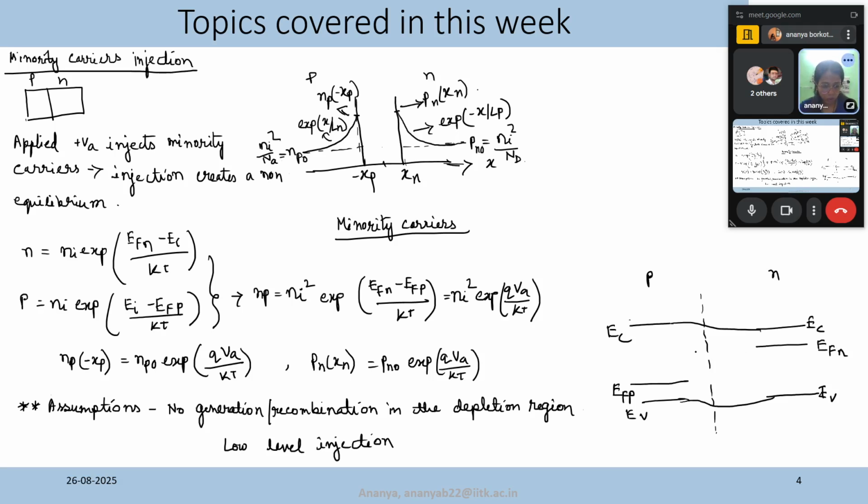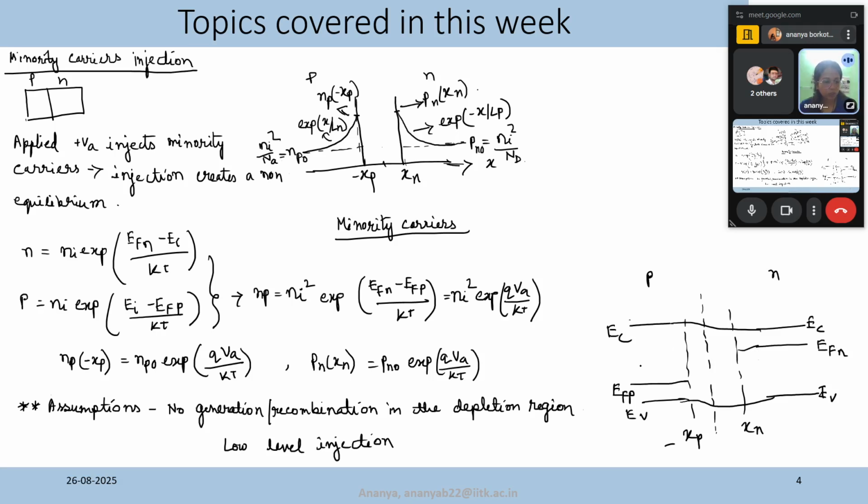So what will happen, say this is xn, this is minus xp. This is the Fermi level of the n side.